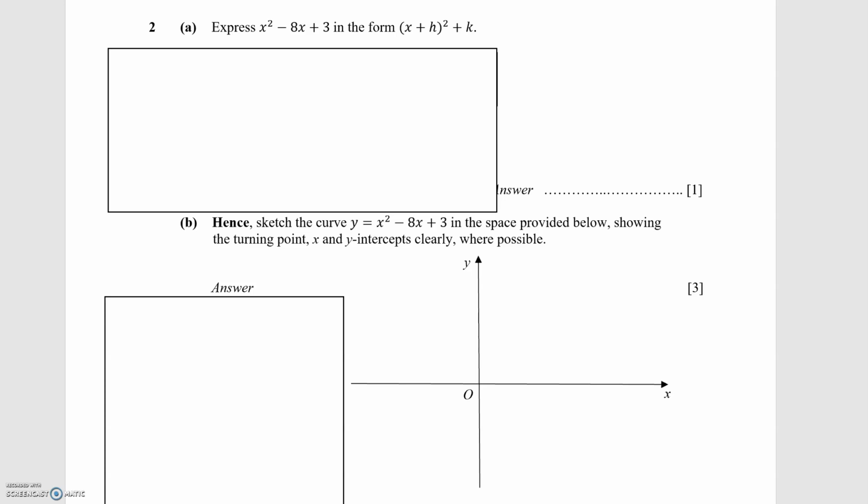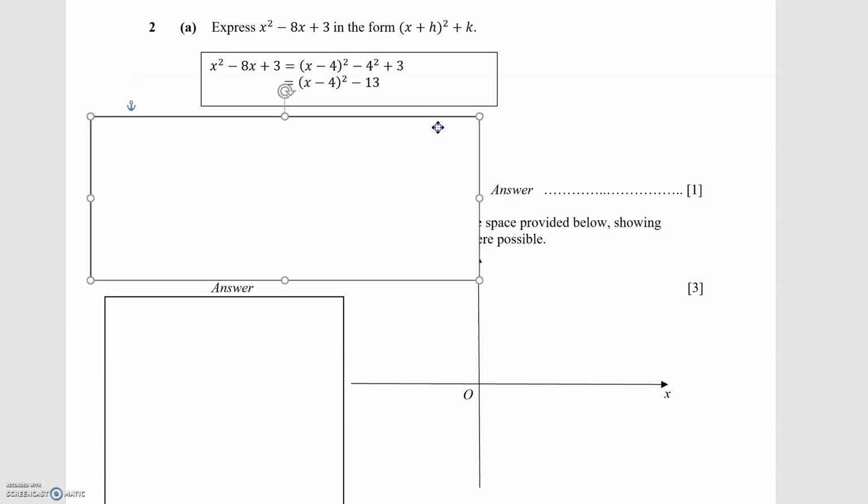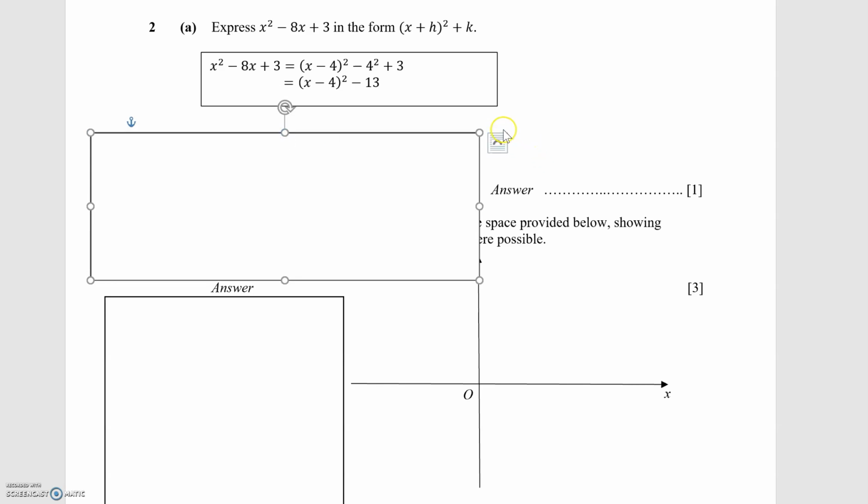For this question, if you want to express the given expression in the completed the square form, okay, so x squared minus 8x plus 3, if I want to complete the square, I will get an x minus 4 squared.